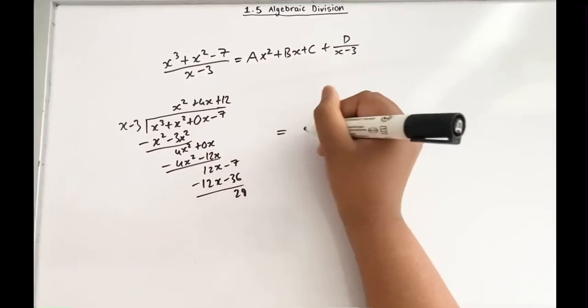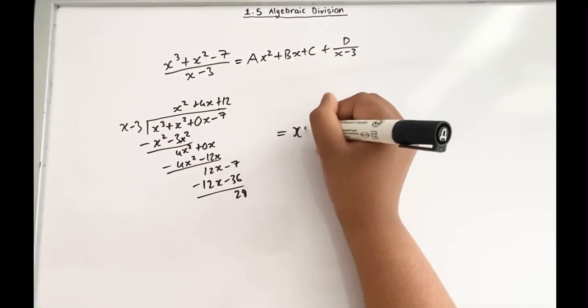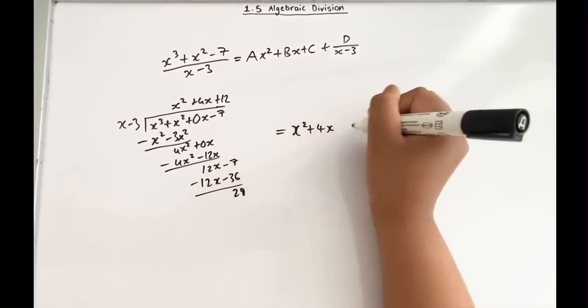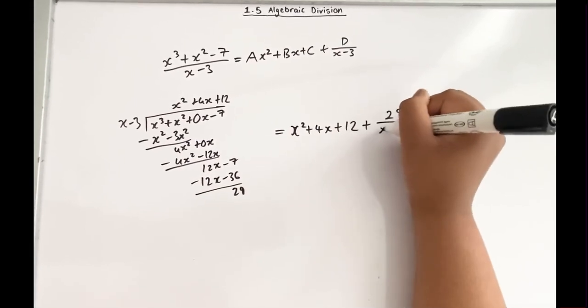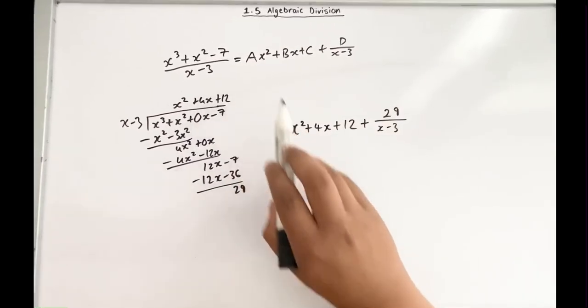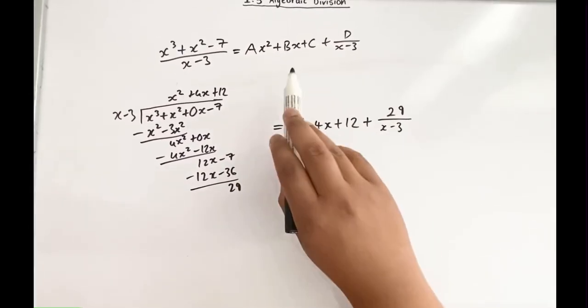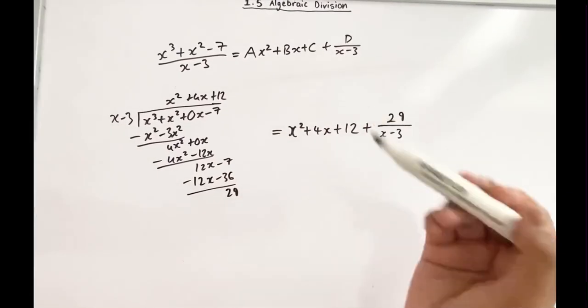So it's equal to x squared plus 4x plus 12 plus 29 over x minus 3. So a is 1, b is 4, c is 12, d is 29.